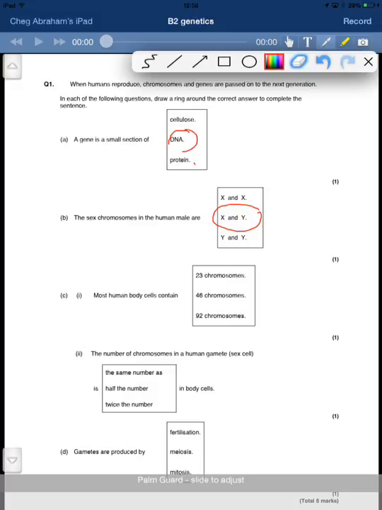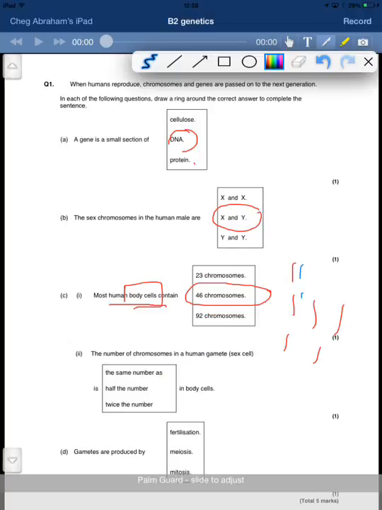That's the reason. Most human body cells, and I hope you've seen a few of my podcasts now, body cells is the crucial term here, because there are two types of cells that they talk about in your exams: body cells and gametes. Body cells are just normal cells, and you should know that normal body cells have 46 chromosomes in 23 pairs.